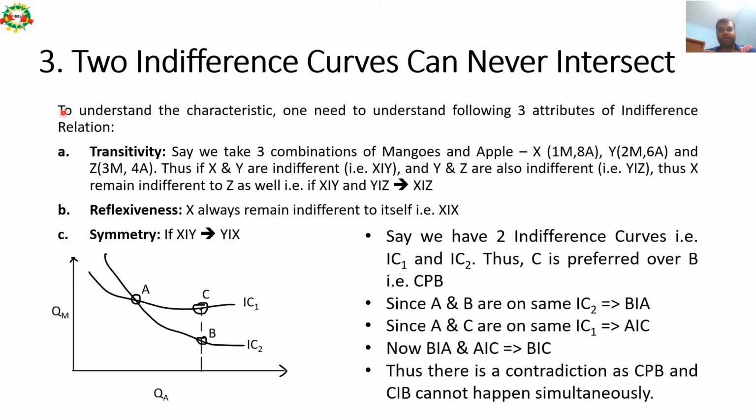Third important characteristic, two indifference curves can never intersect each other. To understand this property, we need to understand three important attributes of indifference relation. First is transitivity, second is reflexiveness, and third one is symmetry. So what is transitivity?